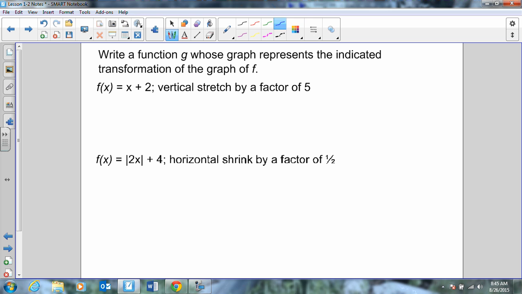This one's trickier. Okay, we said vertical stretch of 5. What do we think it's going to be? Five times x plus 2, right?